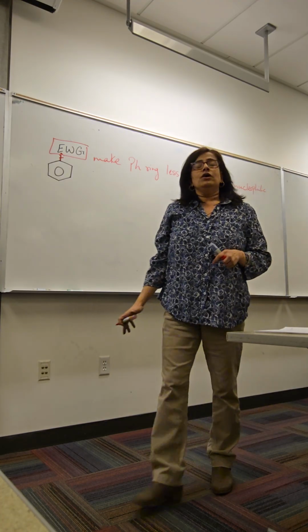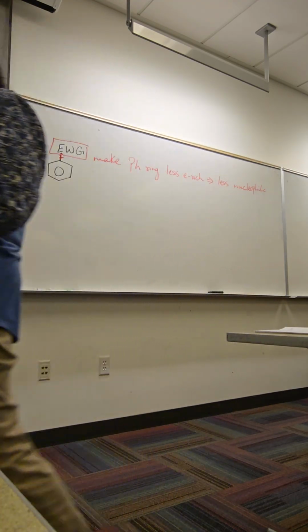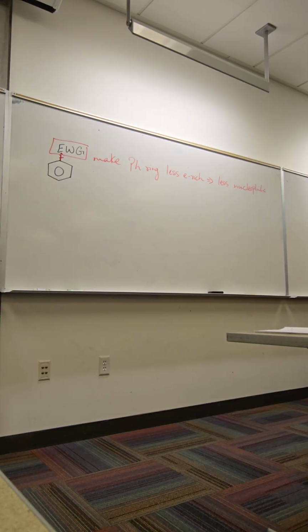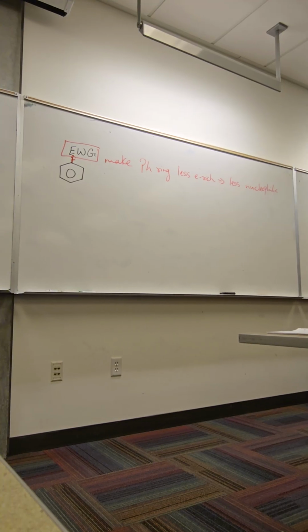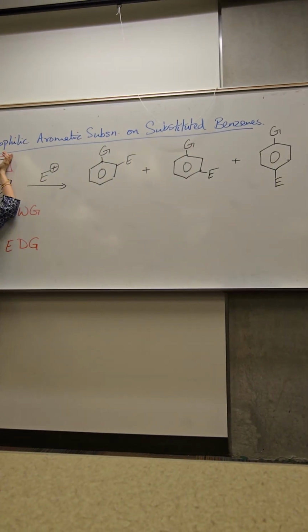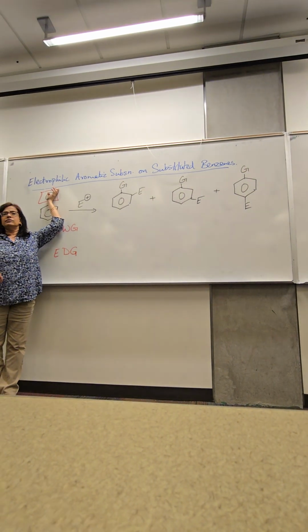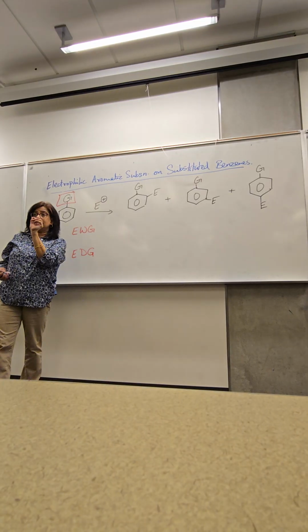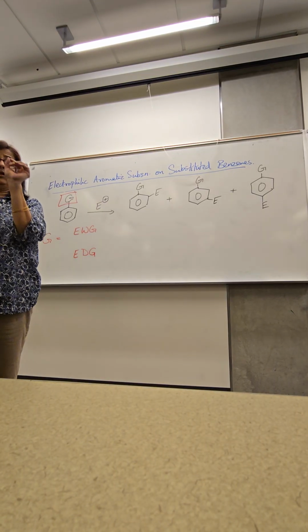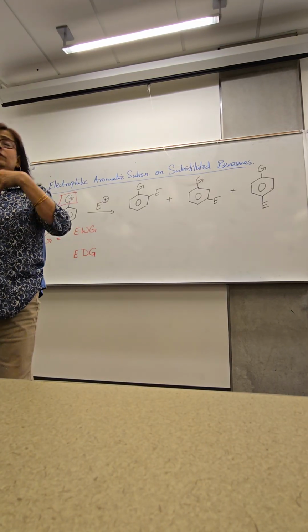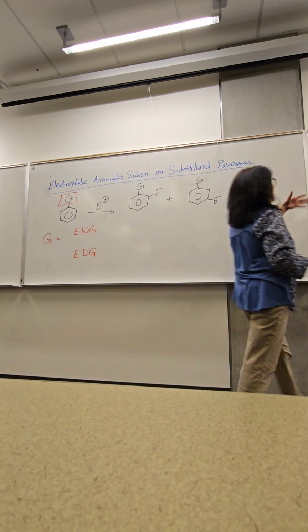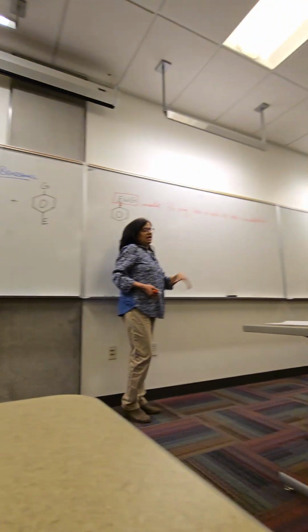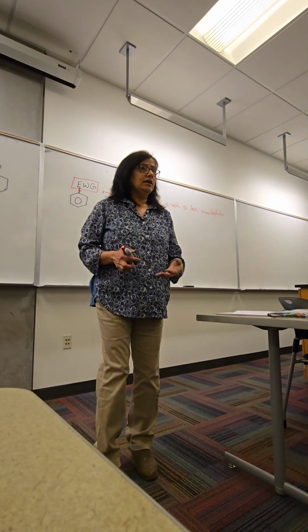Yeah? So then, if G is electron withdrawing, will this reaction go faster or slower or no change? Slower. Everybody agrees? Isn't that right? The whole job of benzene is to be electron rich. So if you're taking the electron richness away, it's going to react slowly.